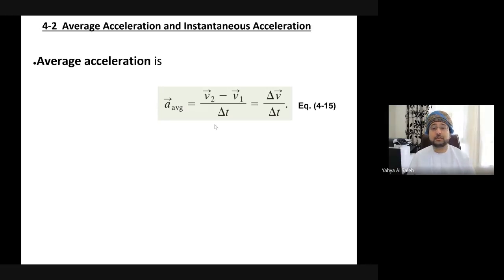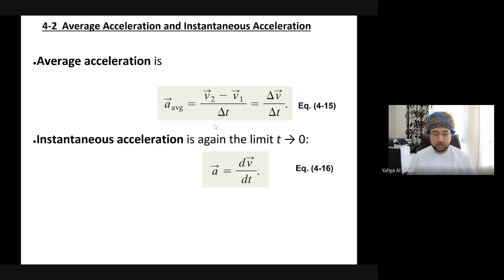Since our velocity now is a vector, my acceleration is also going to become a three-dimensional vector. Instantaneous acceleration, again, dv by dt, same as in the previous chapter, nothing new here.